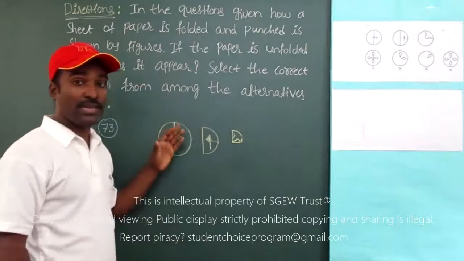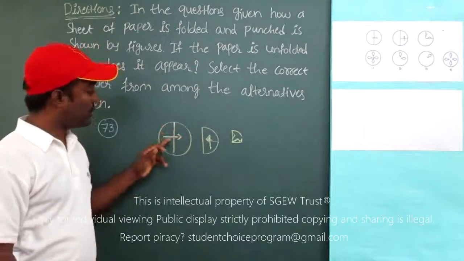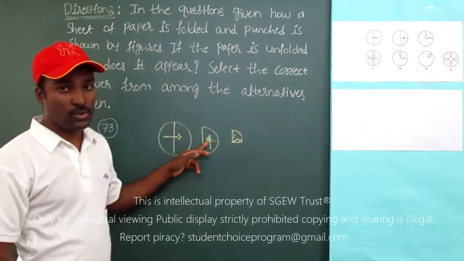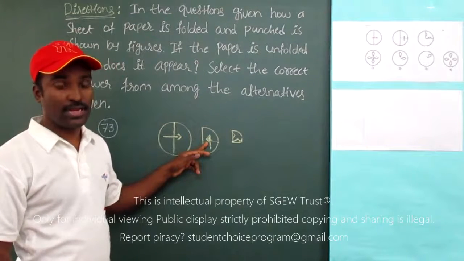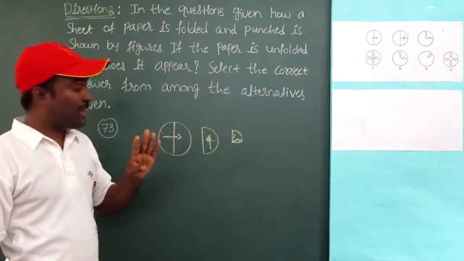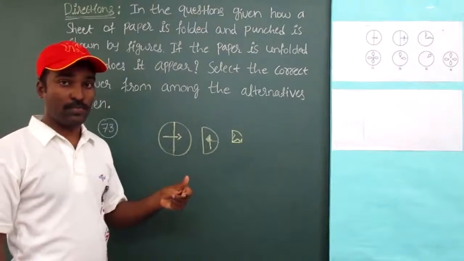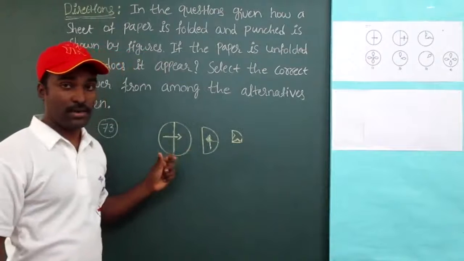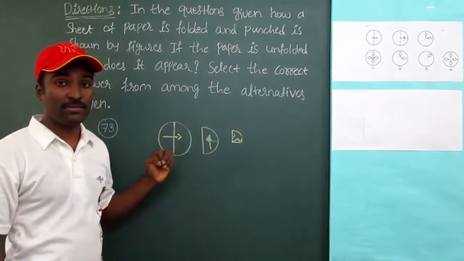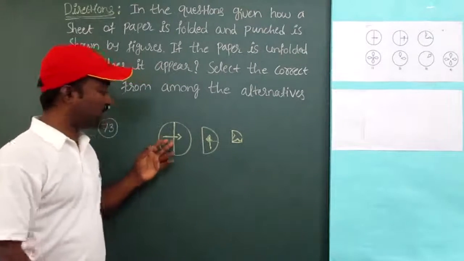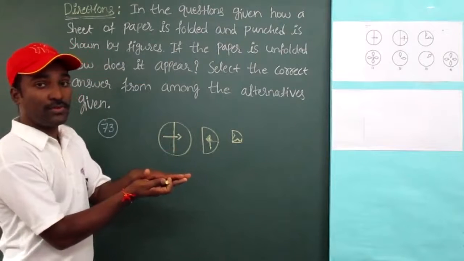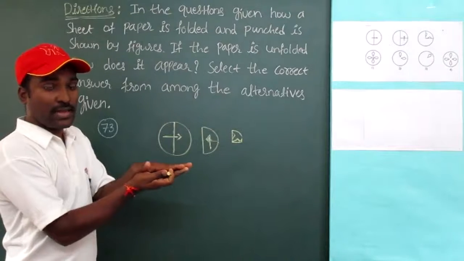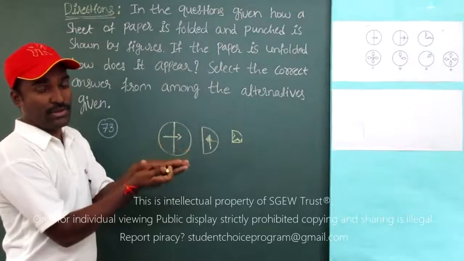So how many layers are there? 2 layers in the first fold and then 2 extra layers in the next fold. That means a total of 4 layers. If you punch a hole or a design in that folded paper, how many times will it appear? With 1 fold you get 2 layers, and a hole punched there appears 2 times when you unfold.